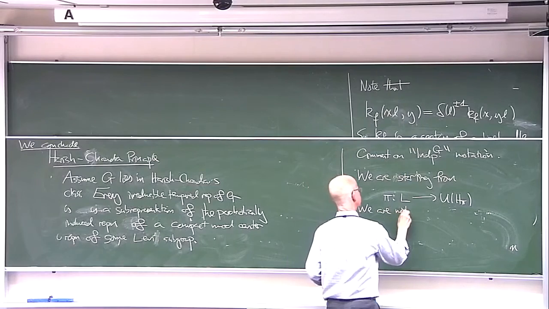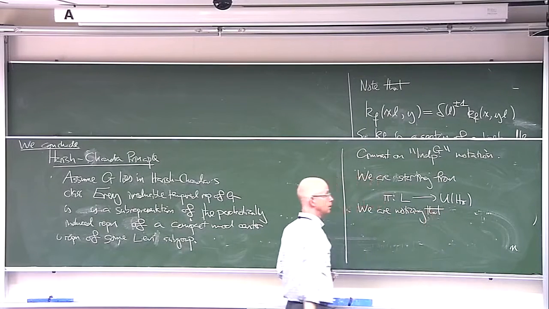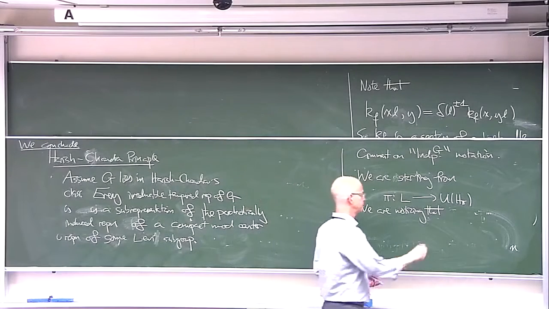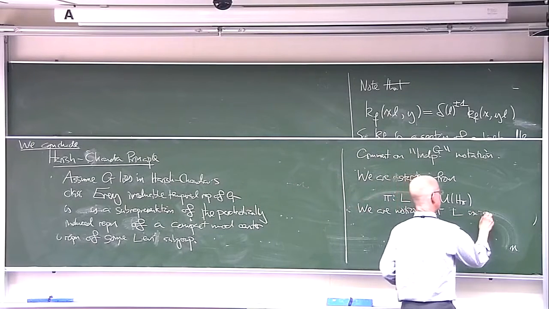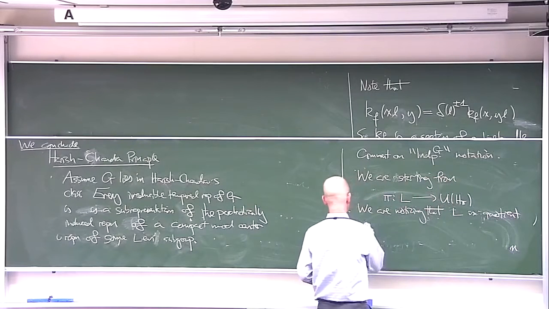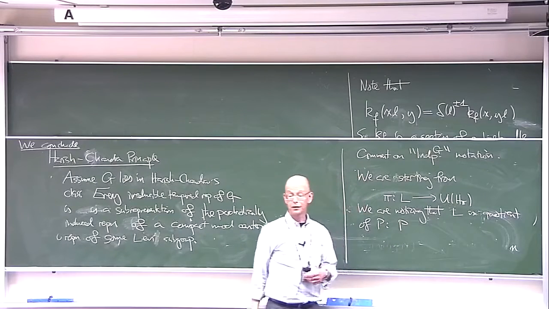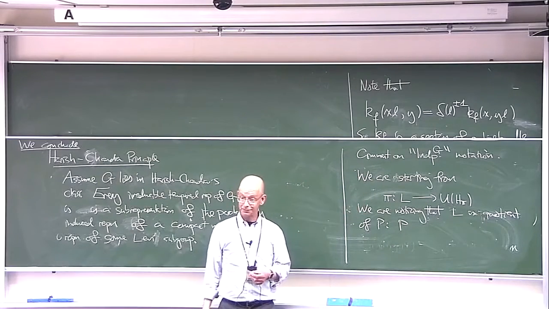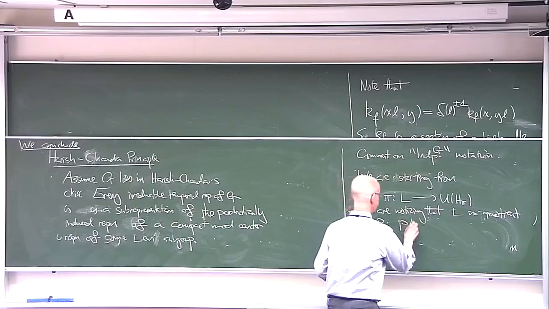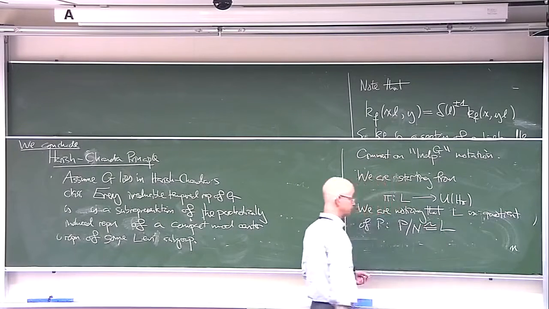Now we are noticing that L is a quotient of P. P is a semi-direct product of L and N. And if you divide out by N, which is a normal subgroup, what you get back is L.